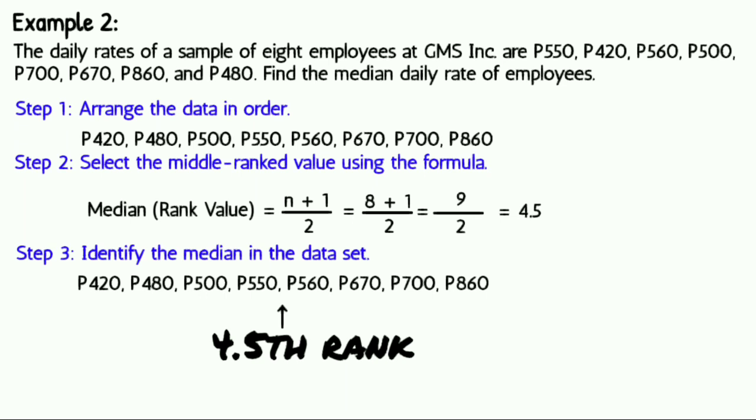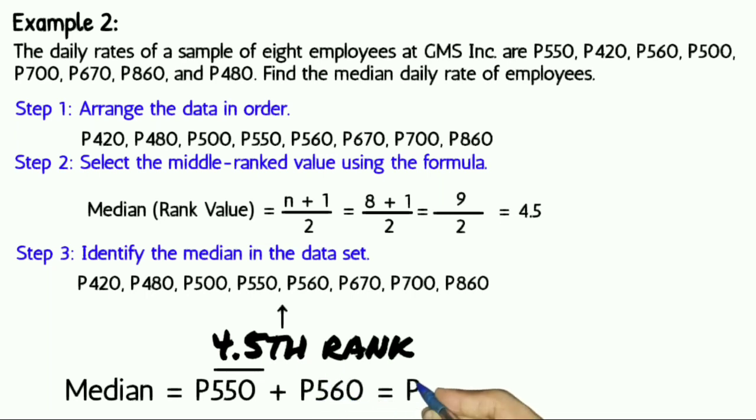Meaning, we will get the average of 550 and 560. So, the median is equal to 550 plus 560, divided by 2. 550 plus 560 is equal to 1,110. 1,110 divided by 2 is equal to 555. So therefore, the median daily rate is 555 pesos.